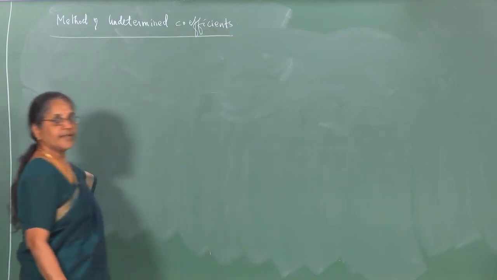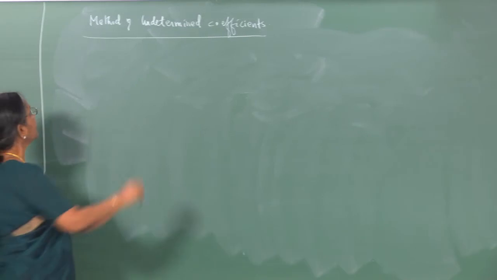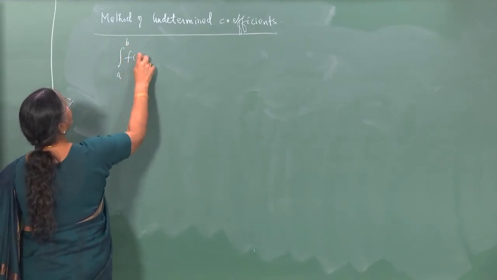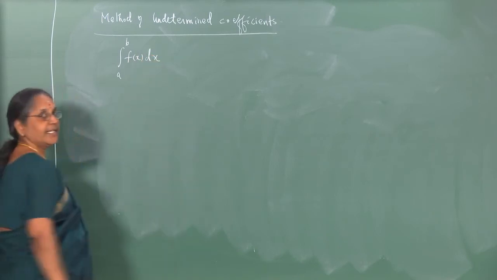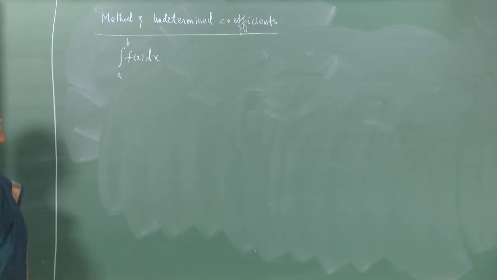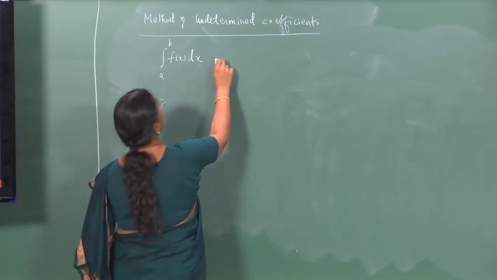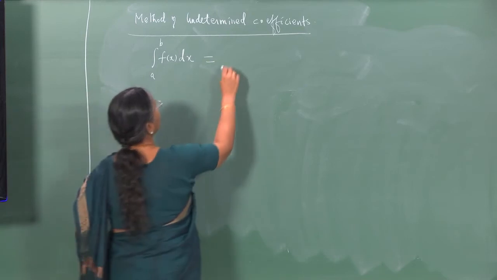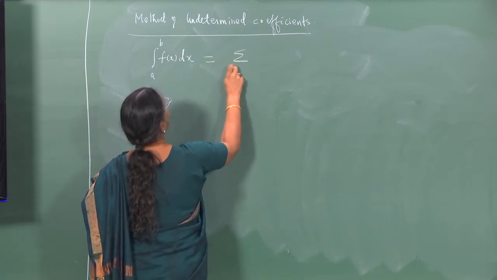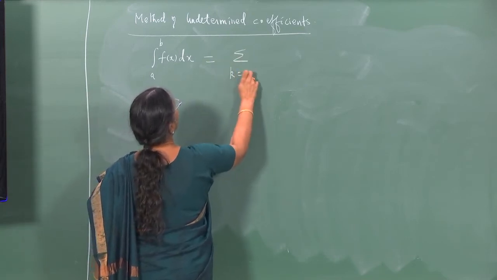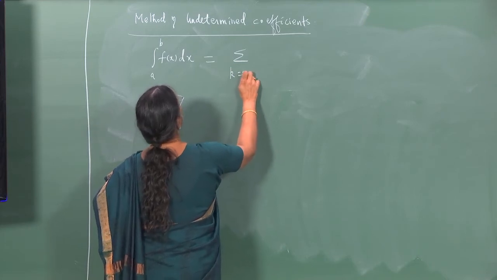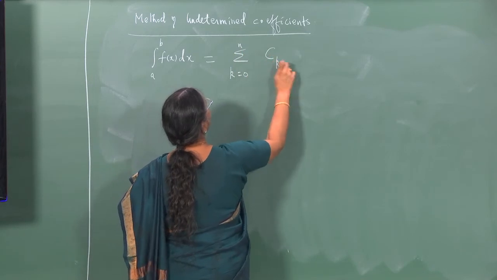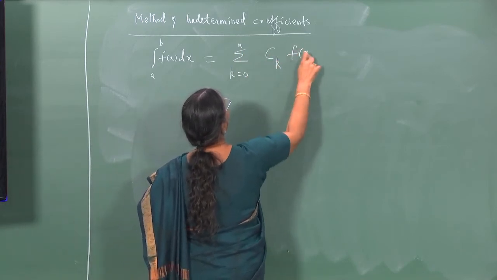So, using this method, one can obtain integration formulas for evaluating integral a to b f of x dx by requiring that this integral is of the form, say, sigma k equal to 0 to n c k into f of x k.